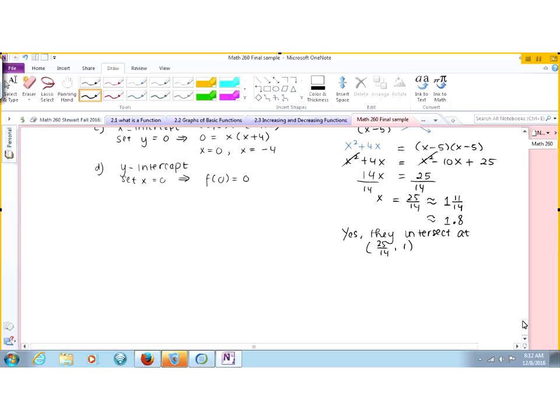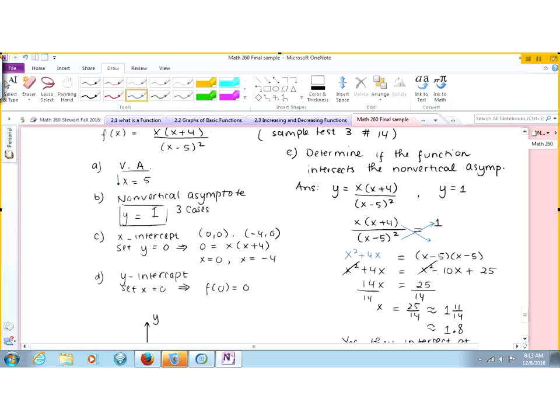Okay, so now let's graph. After E, we're good to go. We're graphing x equals 5, y equals 1.